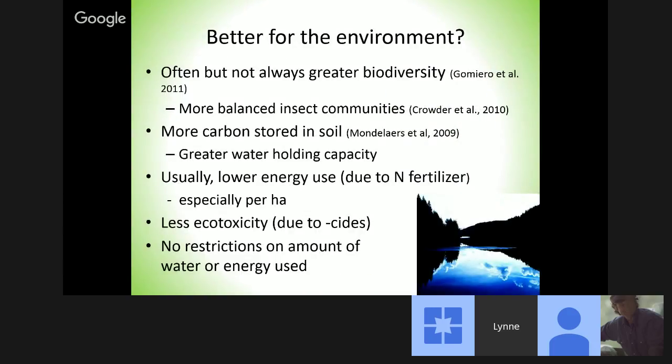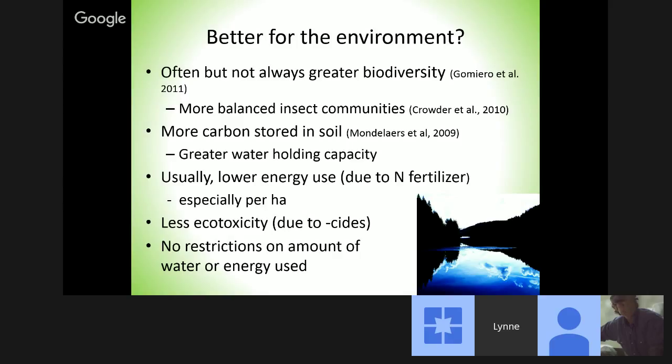There are many other studies looking at other aspects of environmental impact of organic farming, and I won't really go into this, but the second bullet shows that there have been many studies on soil carbon, again showing that there generally is more carbon sequestration happening in organic production.